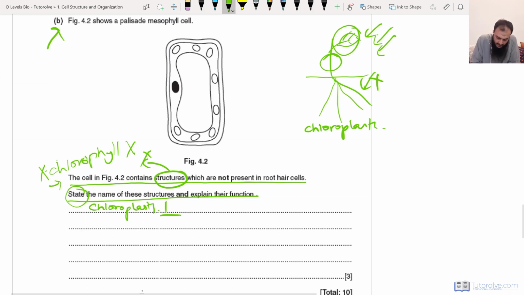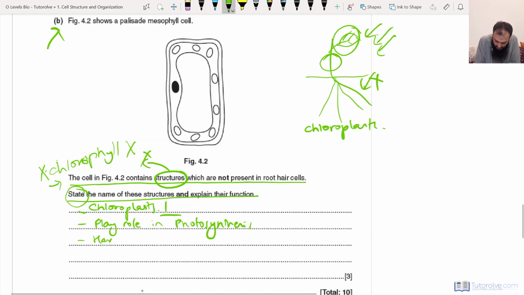So chloroplasts, and the next point that you will write is their function: they play a role in photosynthesis. And how does that happen?